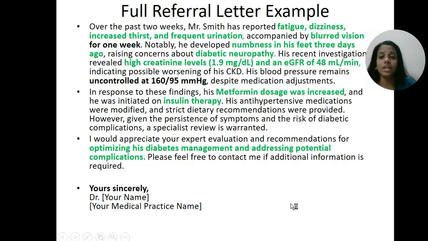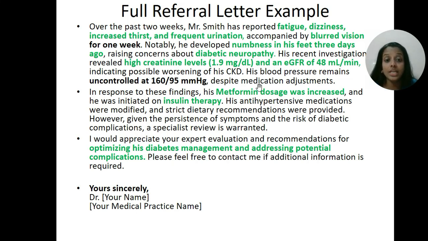And we have also explained the current symptoms, what he's experiencing right now or for the past 1 or 2 weeks, like fatigue, dizziness, increased thirst, frequent urination, blurred vision, and numbness in his feet, right? Diabetic neuropathy. So these details are explained in a very clear and logical flow.